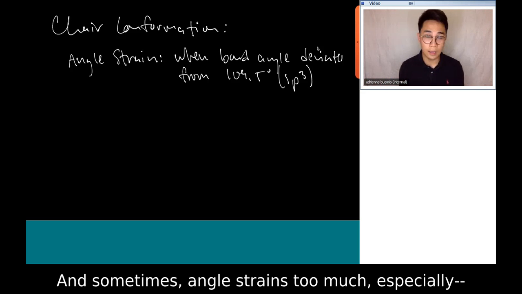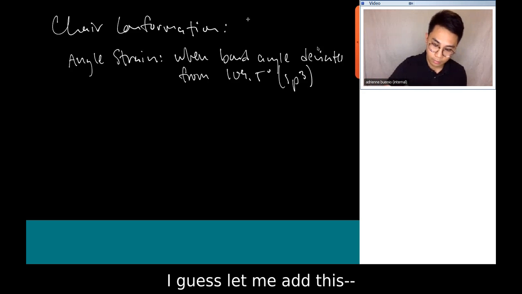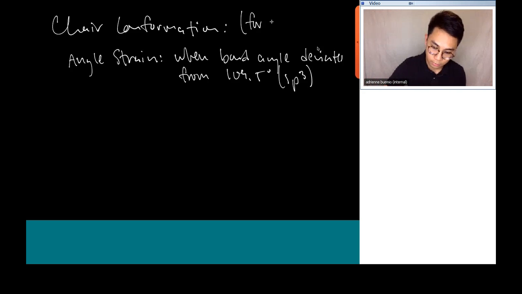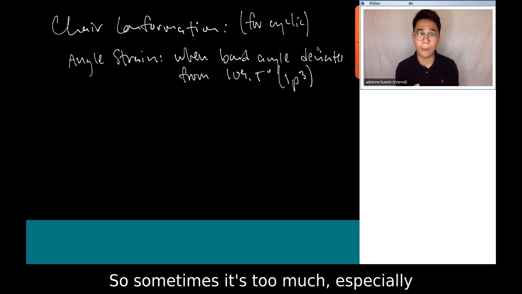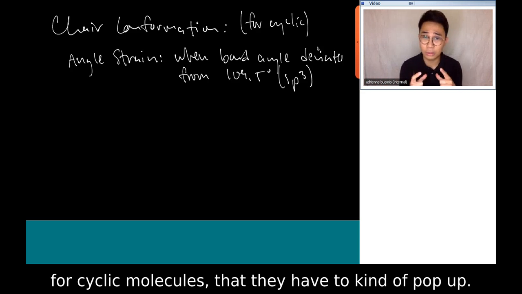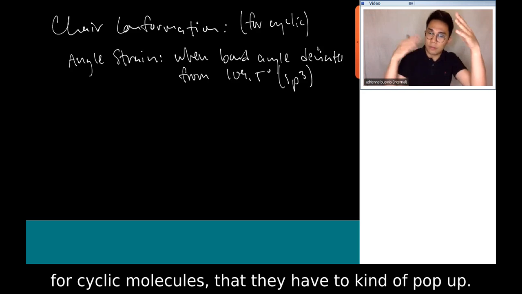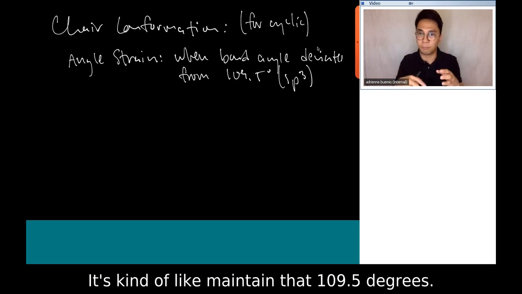And sometimes angle strain's too much, especially for cyclic molecules, so they have to kind of pop up, right? To maintain that 109.5 degrees.